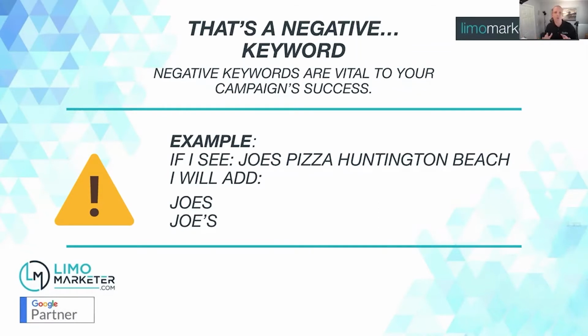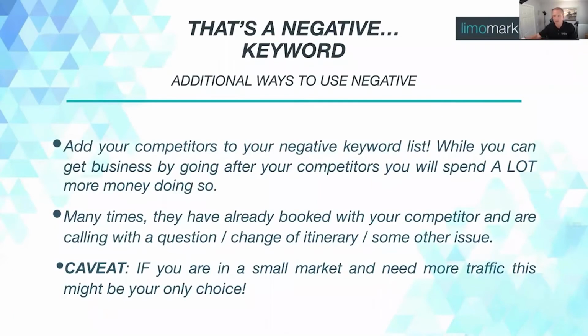Now, the only time I wouldn't do this is if you're in a really small city, and there's just not a lot of people searching for your service, then you might not want to do that. But I would say 95% of the time you do want to do that, because you'll end up just wasting a lot of money for people that might be looking for your competitor's phone number because they already booked.